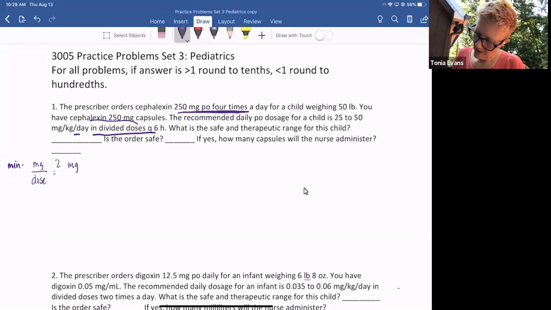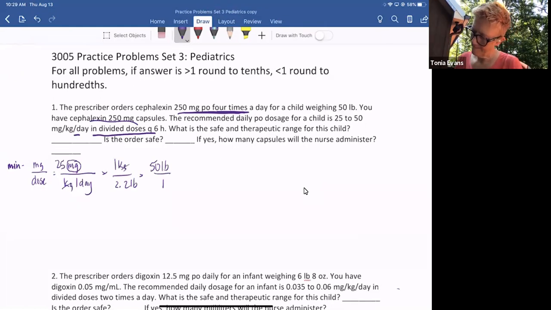I've got 25 milligrams per kilogram per day is my minimum range. That gives me milligrams. Kilogram, I know that 1 kilogram is 2.2 pounds. And my child weighs 50 pounds. Always going to put your weight or BSA over 1. That gets rid of pounds. I've got day, I need dose.